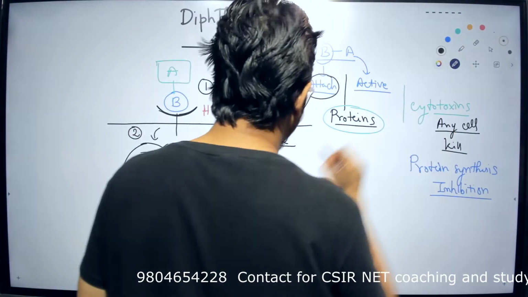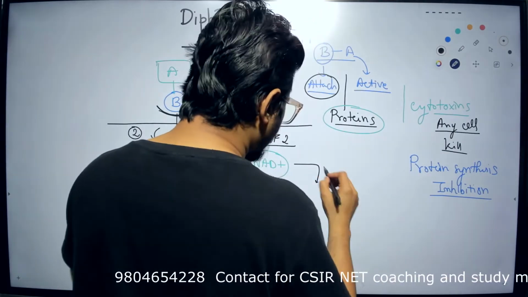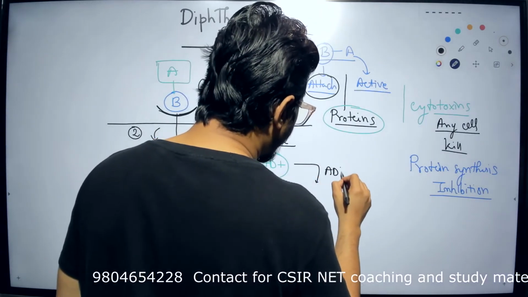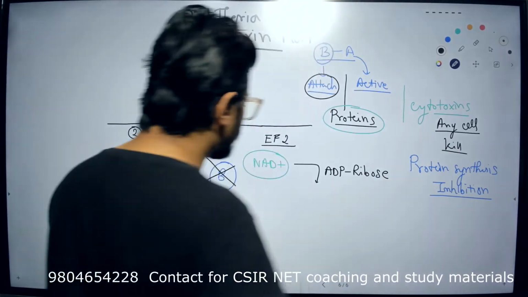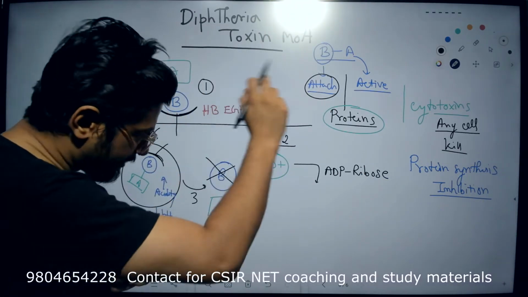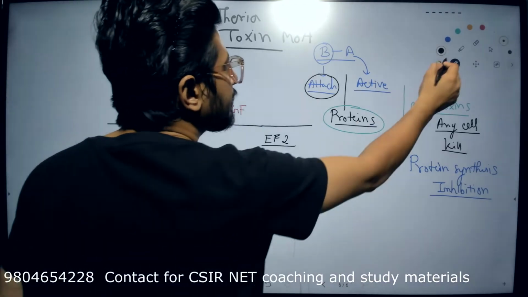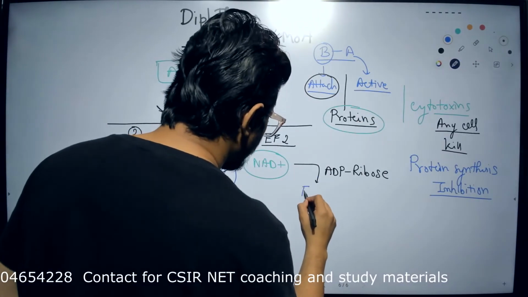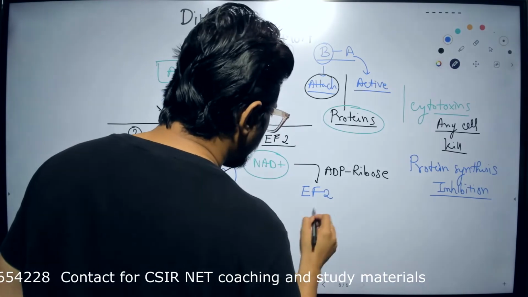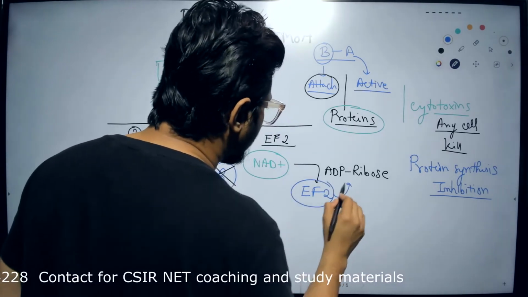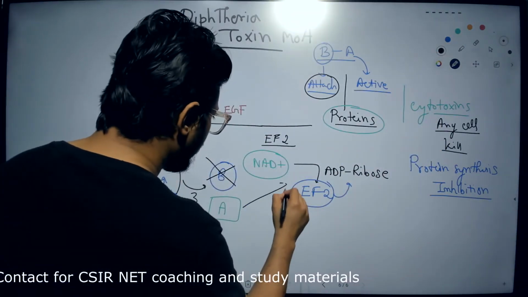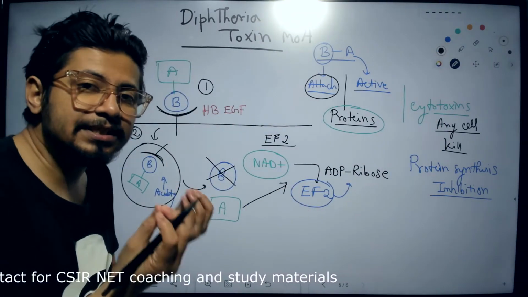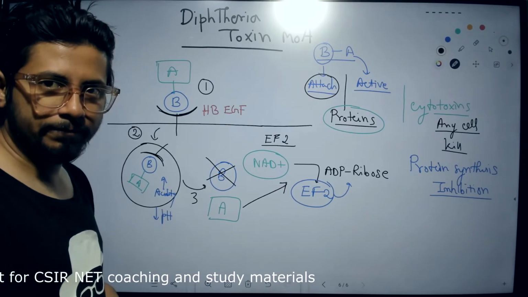From NAD plus it transfers ADP ribose. The ADP ribose component from NAD plus is transferred to this EF2. So ADP ribosylation of EF2 is done by whom? By the active or A subunit of the diphtheria toxin.